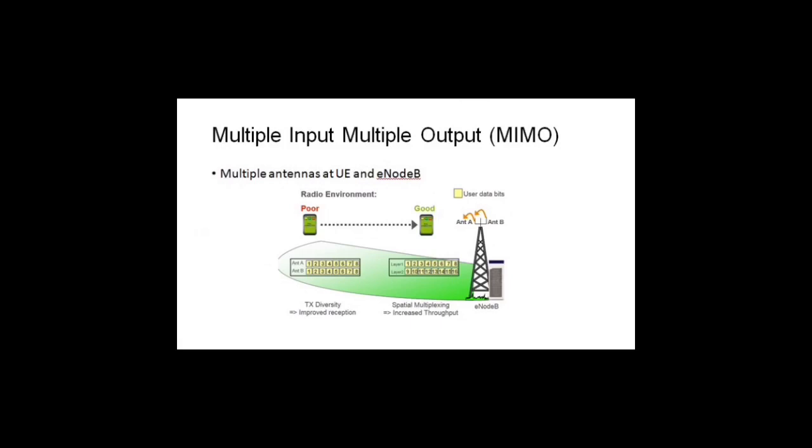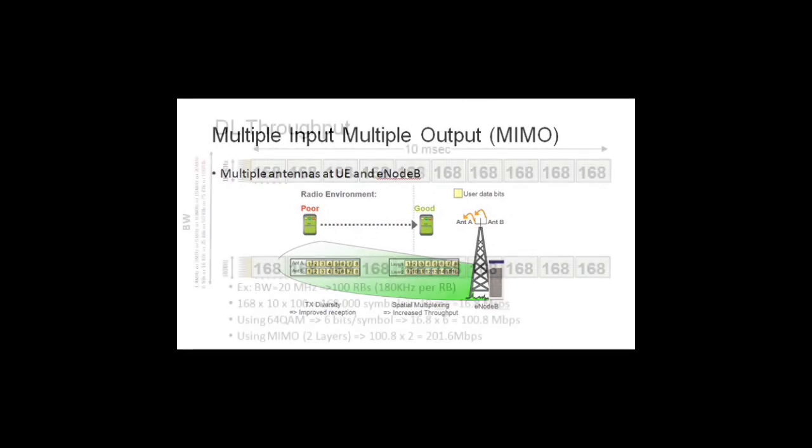So we talk about transmit diversity. In a good radio, antenna A and antenna B can send different data streams to the UE. Throughput will be increased, and we talk about spatial multiplexing. In this example, we have 2 transmit antennas and 2 receive antennas. So we have 2 layers and the throughput is doubled.